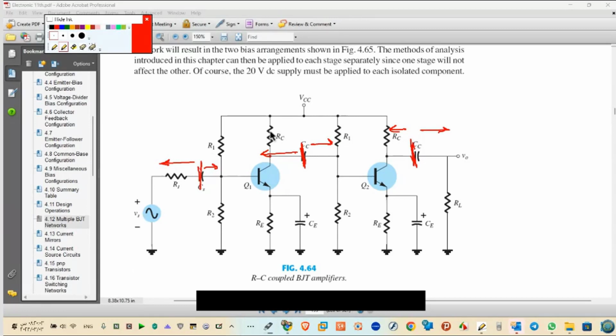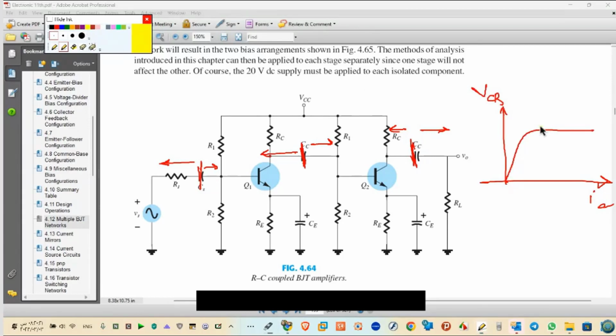Why isolate? As I told you before, if I draw VCE versus IC, this is the output characteristic if you remember.